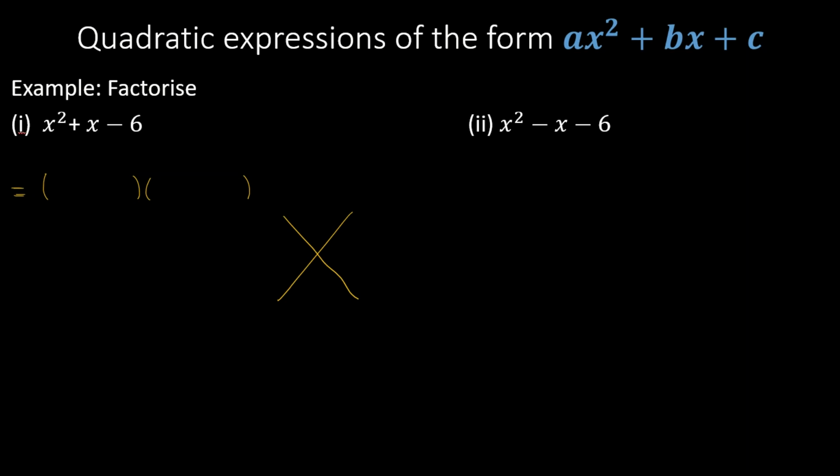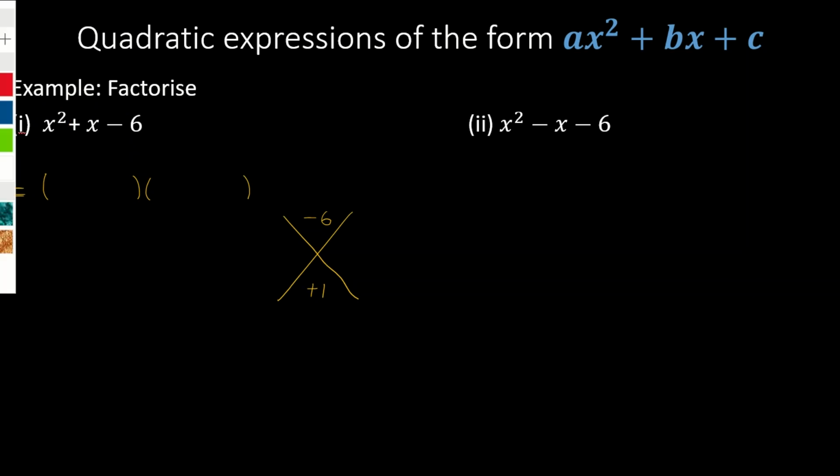The first term is x squared and the coefficient is 1. The last term is negative 6, so we multiply these two. 1 times negative 6 is negative 6. Now we consider the middle term, which is positive x. The coefficient is positive 1. We write it here, positive 1.